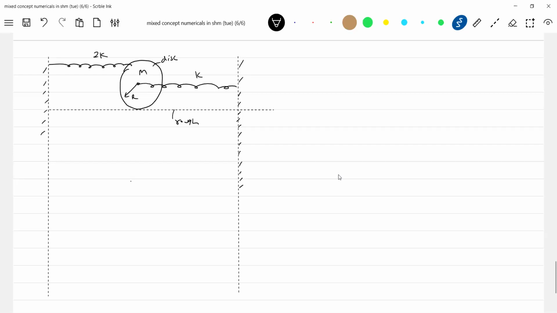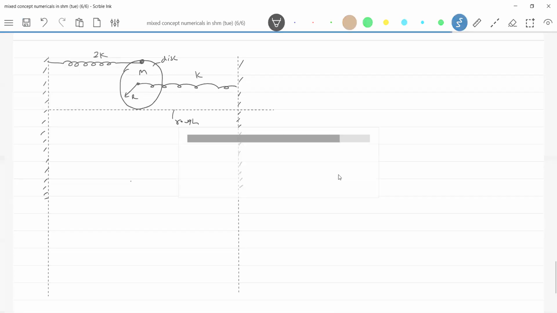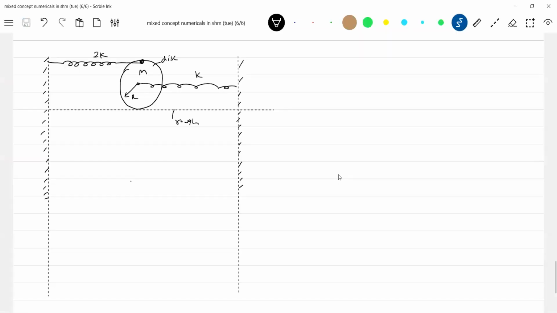What is the condition here? The spring will remain horizontal during that motion. It is assumed that the spring is connected to the highest point, and the friction is sufficient for pure rolling. So we have to find the time period of oscillations.